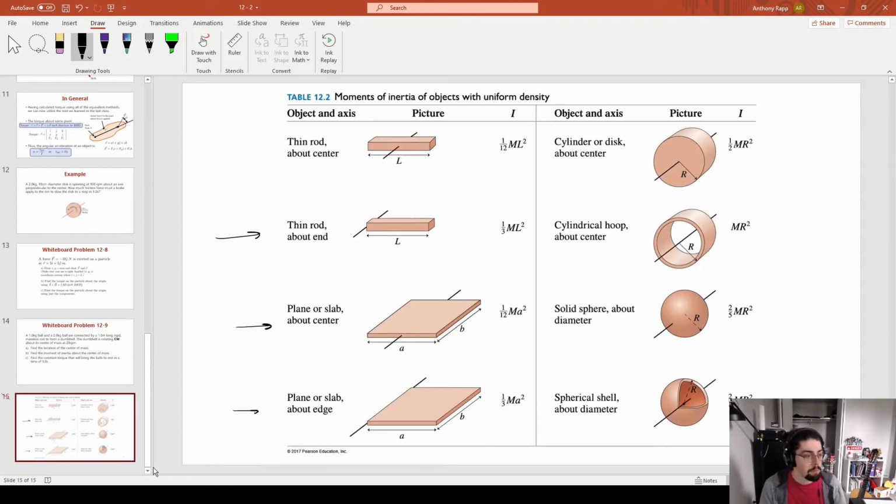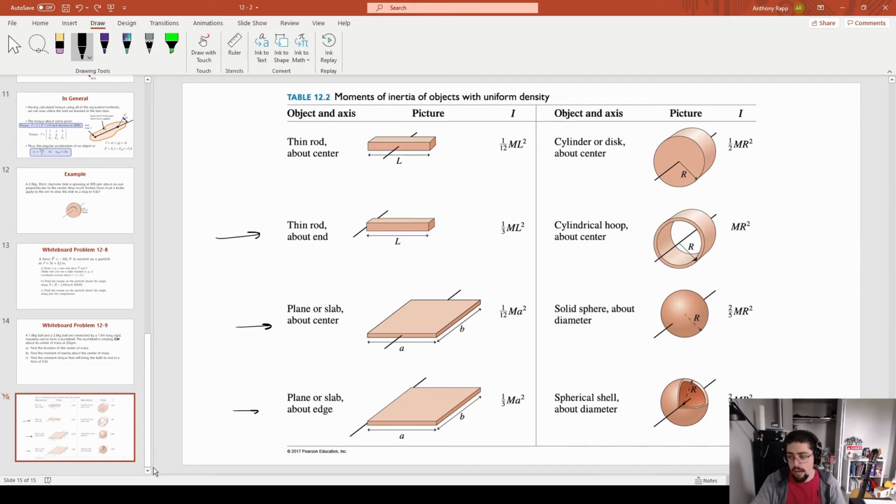But let me take the hollow cylinder, for example. This is a really, really fun one. The most important part is my distance away from the axis. In the hollow cylinder, all of the mass is a radius R away. It doesn't matter how long the cylinder is, because the long way is not the way that we're spinning around the cylinder. We're spinning about this axis cutting right through the middle right here.